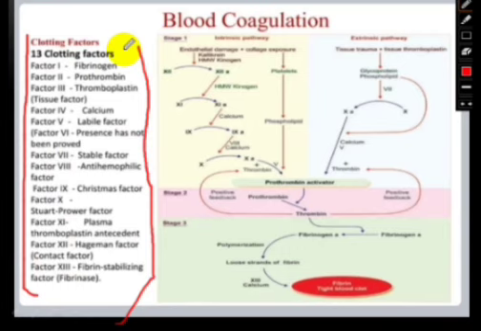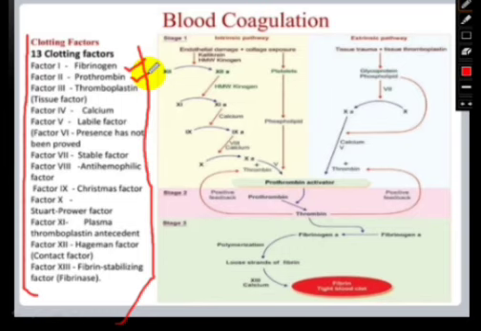So, factor 1 simply refers to what? Fibrinogen. Factor 2 is what? Is it clear?